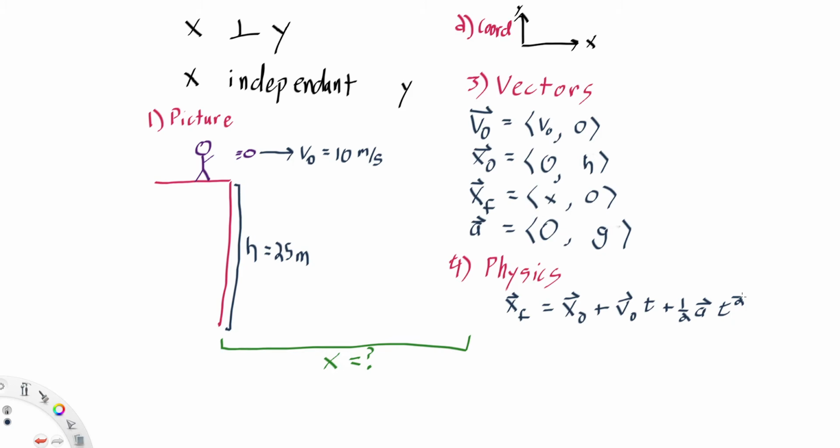So let's take stock for a moment and think about how many unknowns are present in here. We don't know how much time it's going to take from the initial point to the final point, how much time it's going to take to make this arc. We also don't know how far out from the cliff face it's going to be. So that's two things that we don't know, two unknowns.